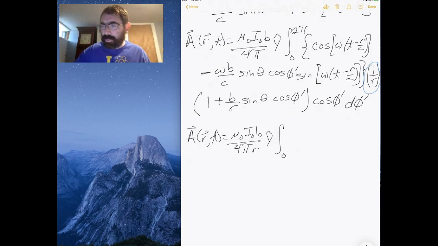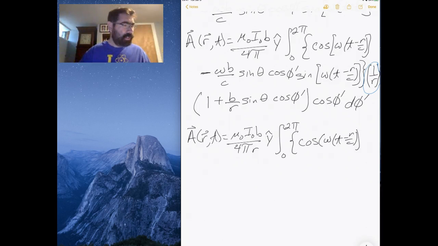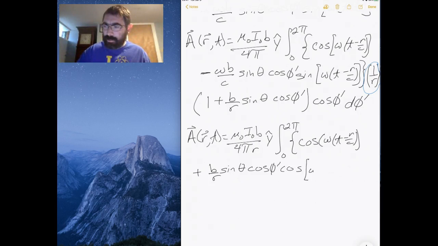Opening the integral, what I get is cosine of omega t minus r over c, plus b over r sine theta cosine phi times cosine of omega t minus r over c, minus omega b over c, and so on.